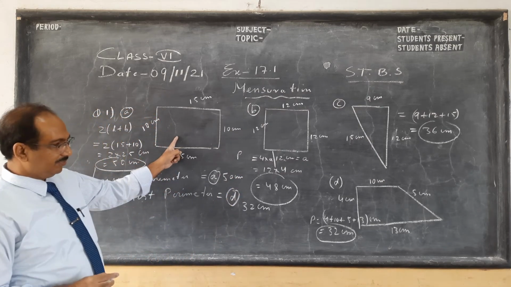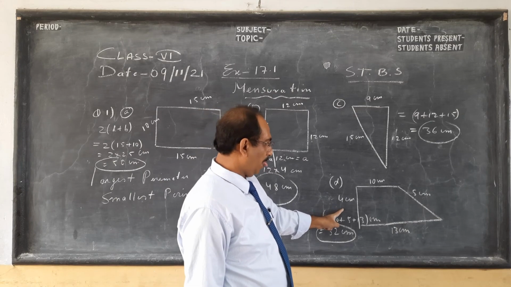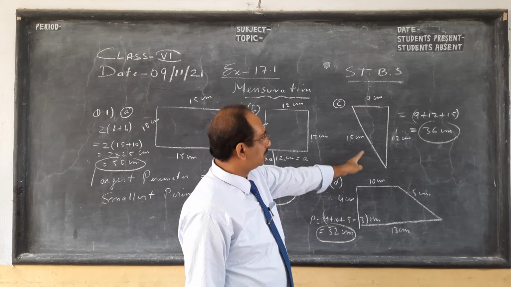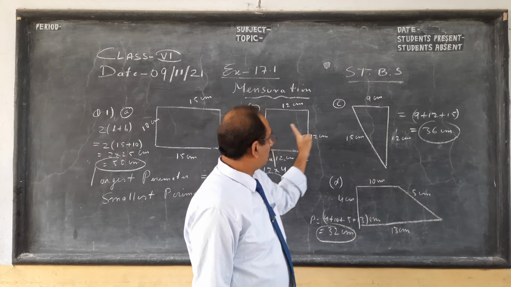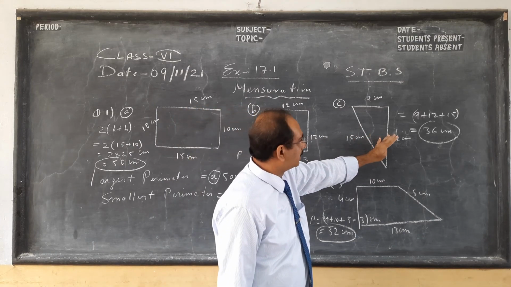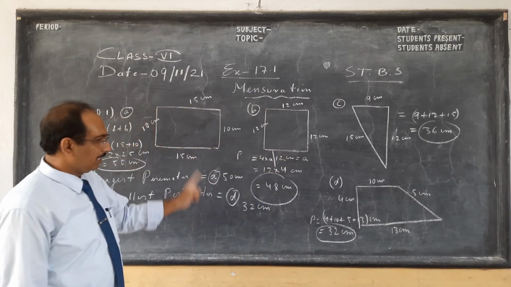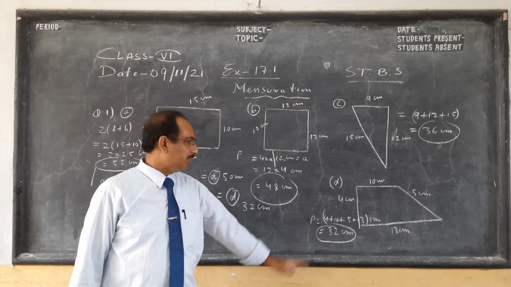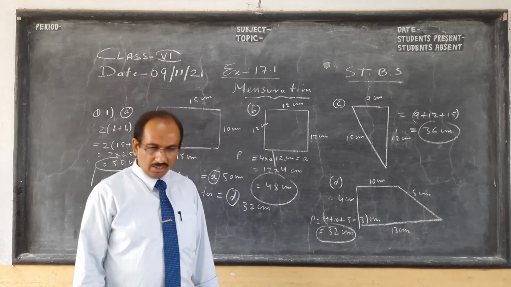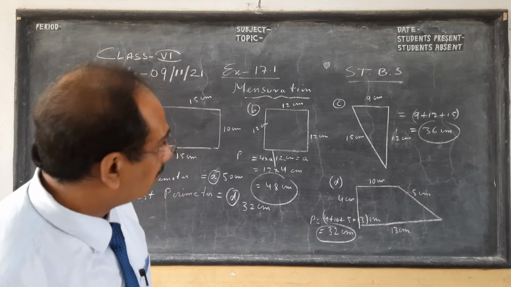Perimeter of this is 50 and this is the smallest. Okay. This is 36, this is bigger than this. And so you see it is decreasing, 50, 48, 36, 32. So the largest is figure A, and the smallest is number D, which looks like a trapezium, which we will see in class 8 and 9.